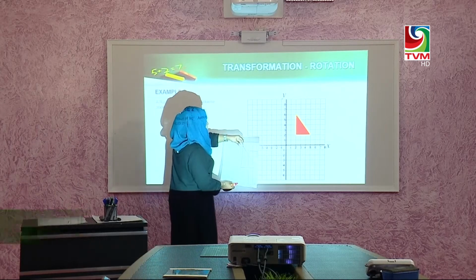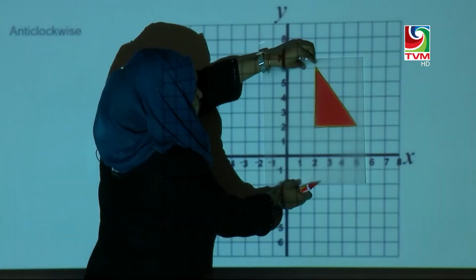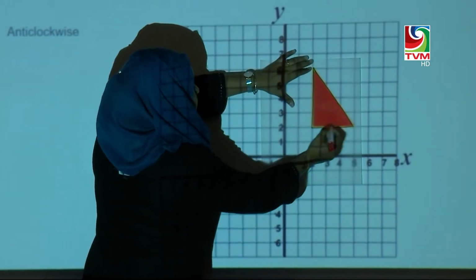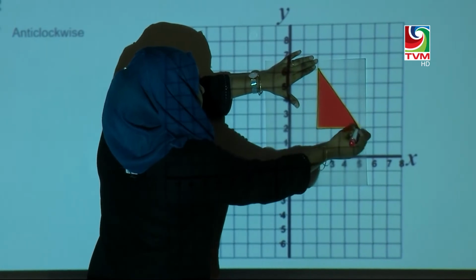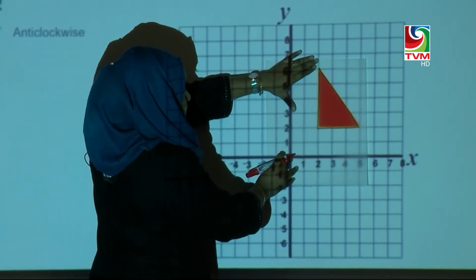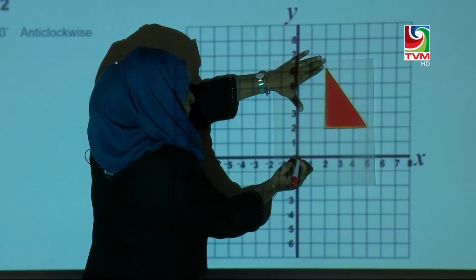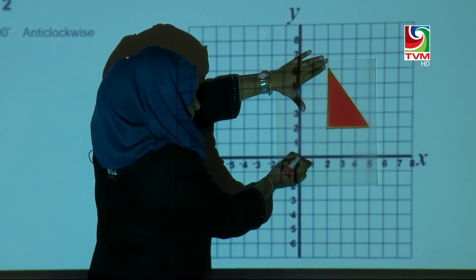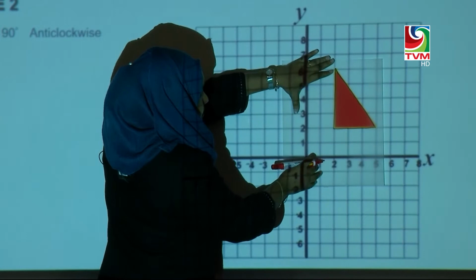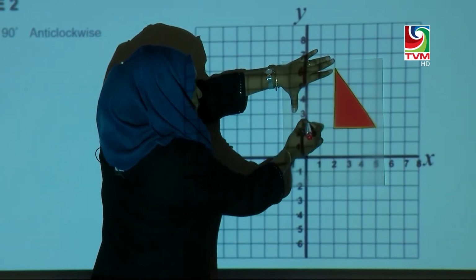The first step is I am going to place the tracing paper over the object and then trace the outline onto the tracing paper. Now from where we have to rotate it? The center is 0,0. It's here. You mark the center and then draw a vertical arrow.